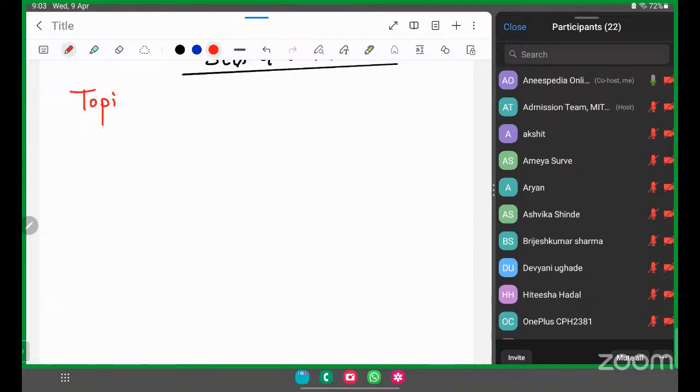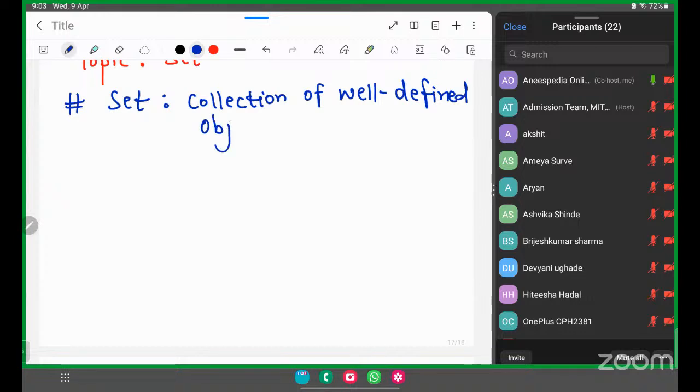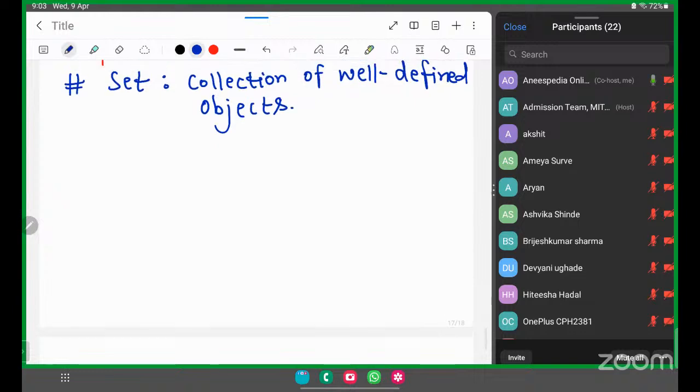What is a set? A set is a collection of well-defined objects. Any set will have certain objects.